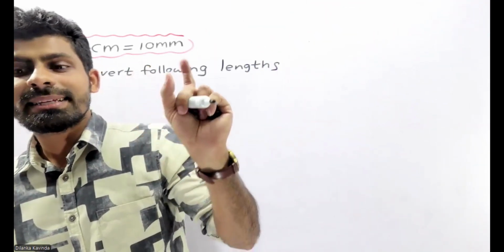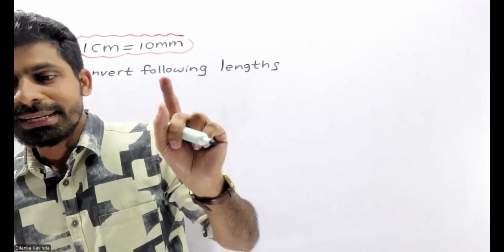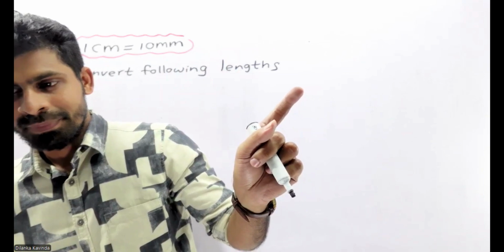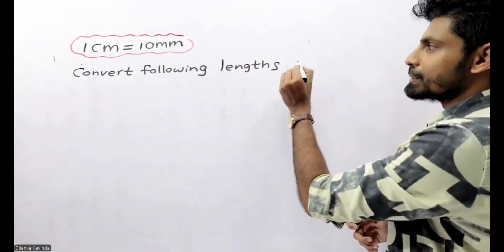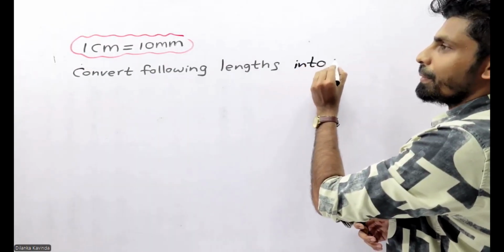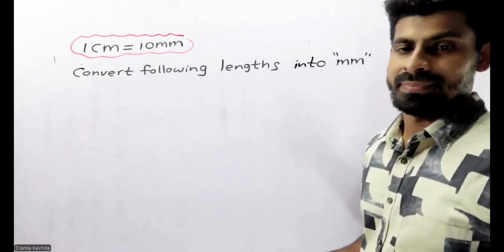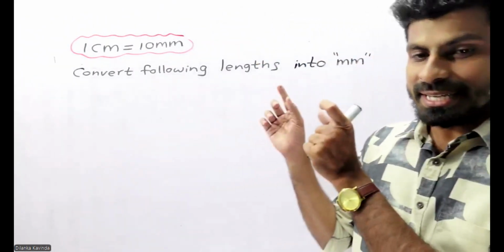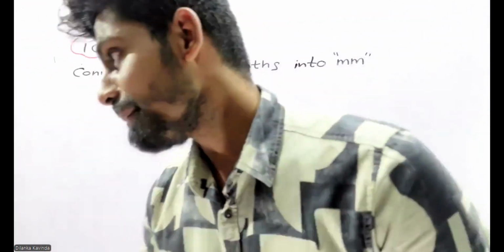I will give you the length in centimeters. Then you need to convert that into millimeters. Convert the following lengths into millimeters. That means express each of the lengths in millimeters.